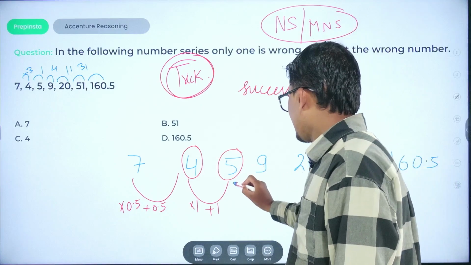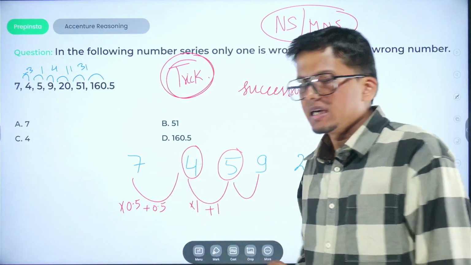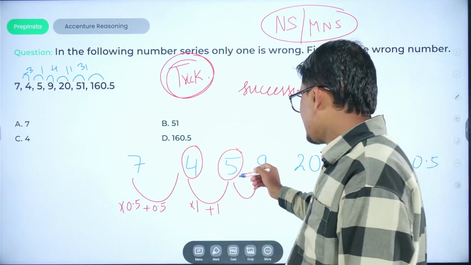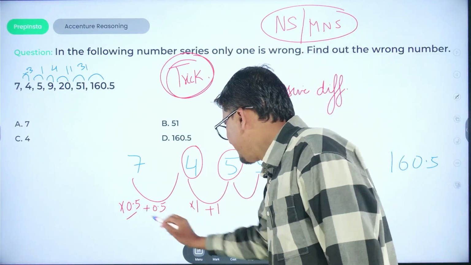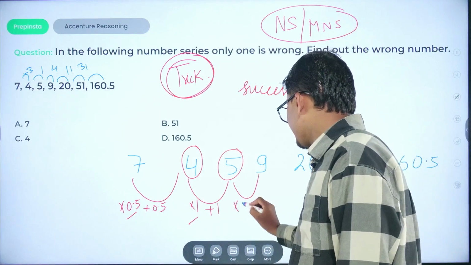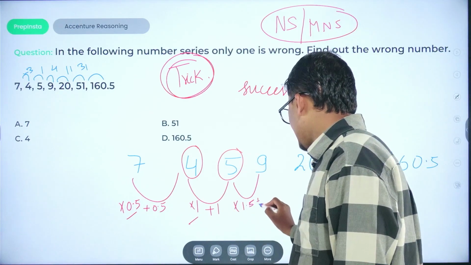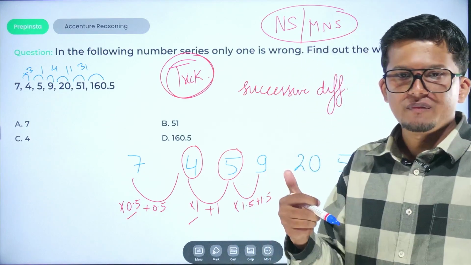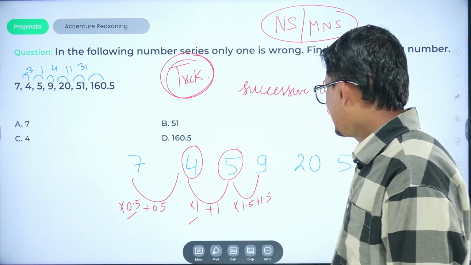Now coming to the 5, in the same trend, in the same logic, if 0.5 is here, 1 is here, if we multiply 5 with 1.5 and add 1.5 to it, it would be 5 into 1.5, 7.5, plus 1.5 would be 9.